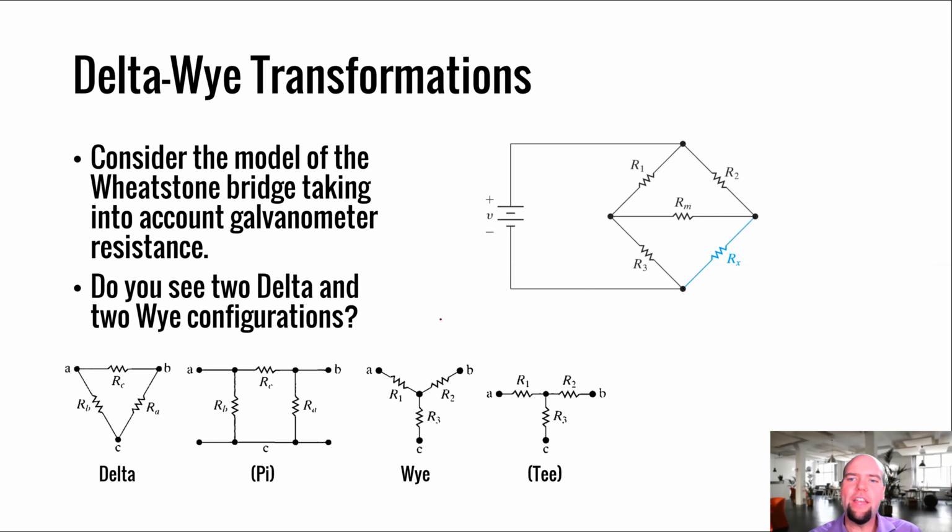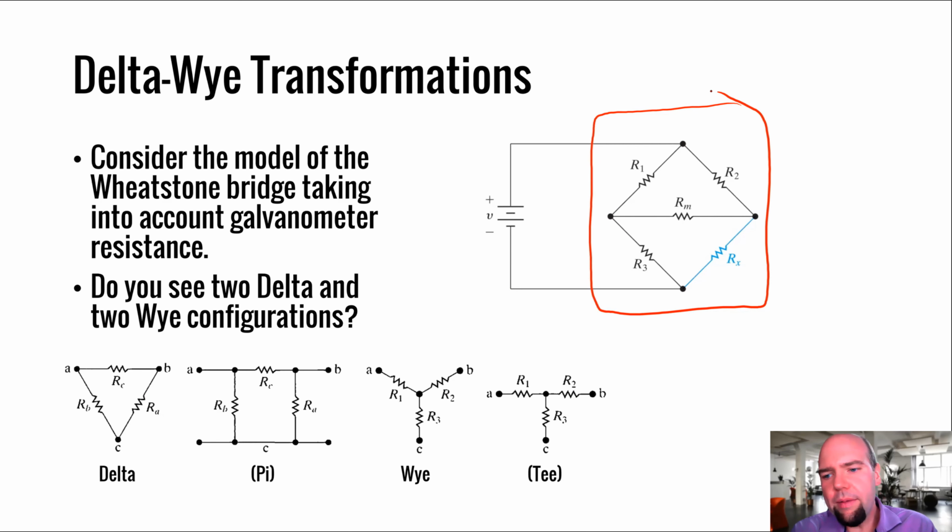A Wheatstone bridge is another example of a circuit that, if we consider the model where we take into account the resistance of that current meter in the middle, that sort of middle resistor, is a circuit configuration that has no resistors in series or parallel. So look at it yourself. Spend some time looking at it. There's no resistor in here that's in series with any other resistor, and there's no resistor that's in parallel with any other resistor.